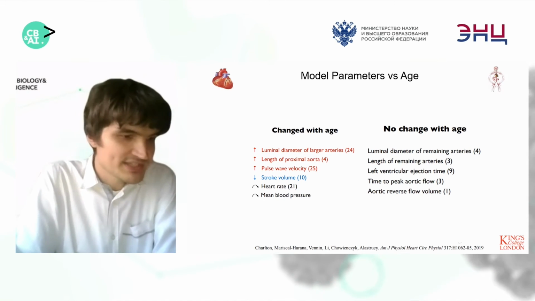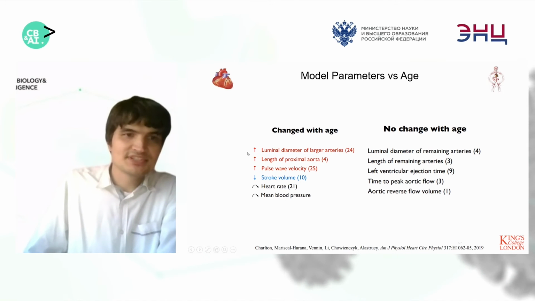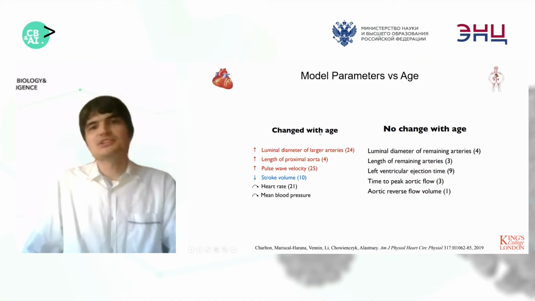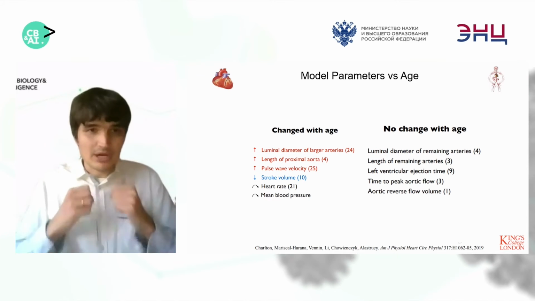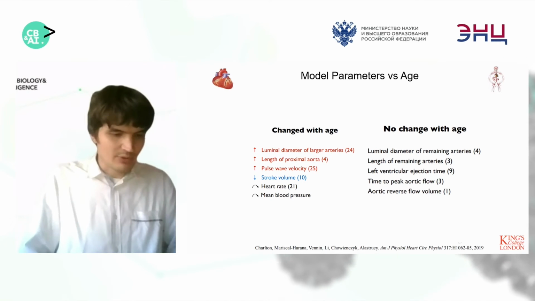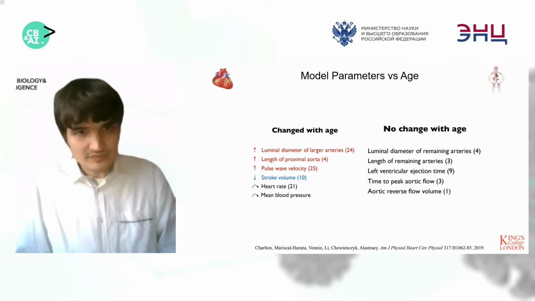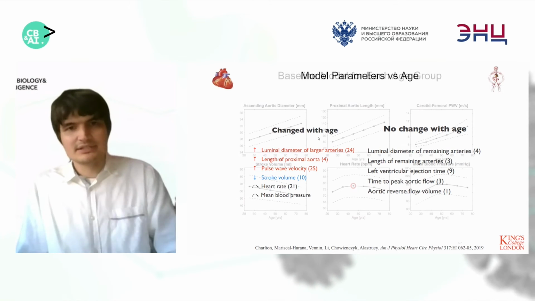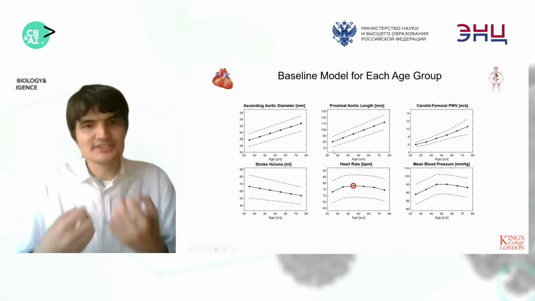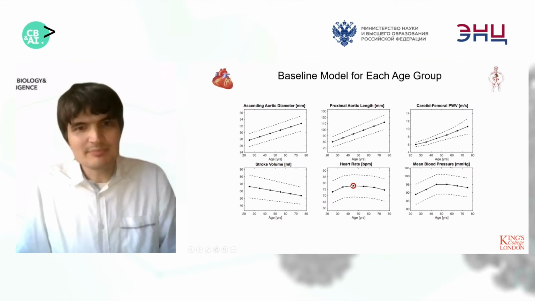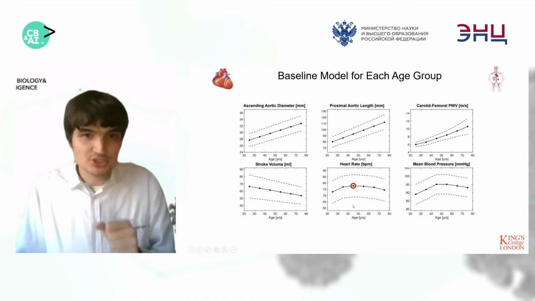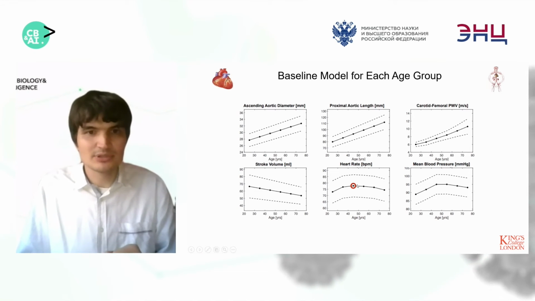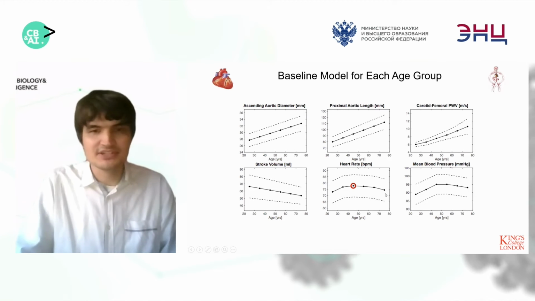So let's say we have 6 key model parameters that change with age, for example heart rate and stroke volume, which is the amount of blood that our heart pumps. We can create a statistical study, and we can prescribe the average value of a parameter to a certain age group. And then we can calculate plus and minus standard deviation.